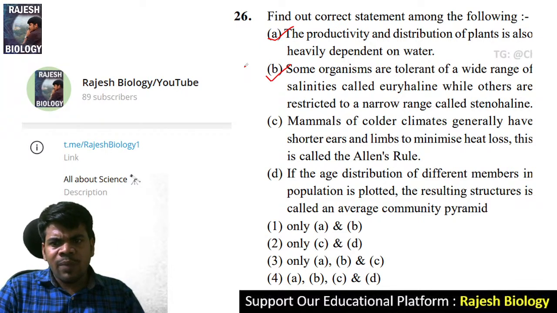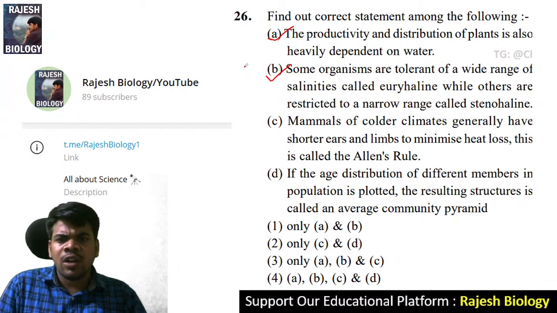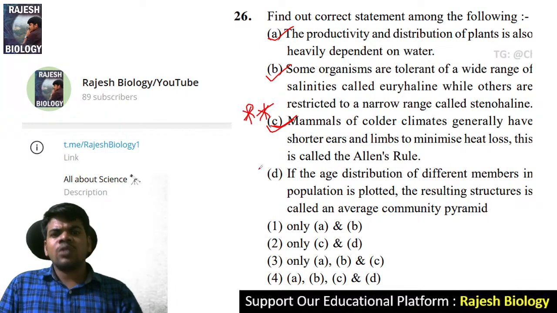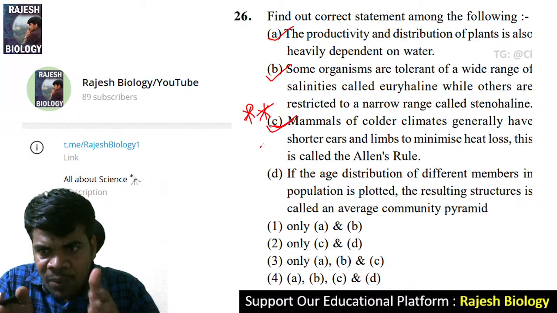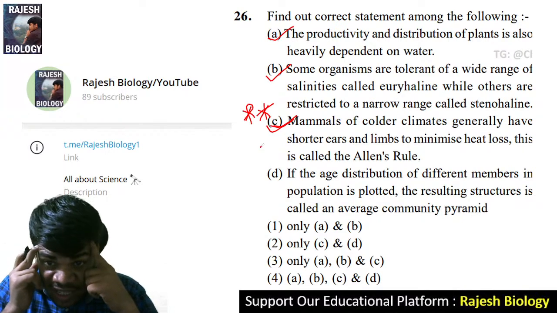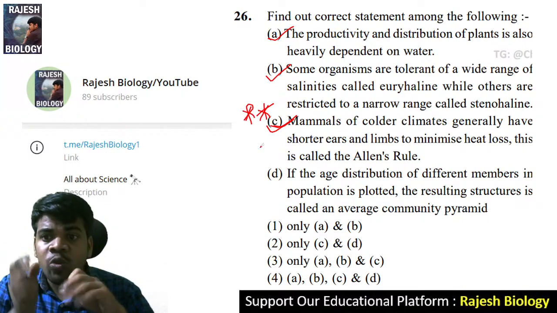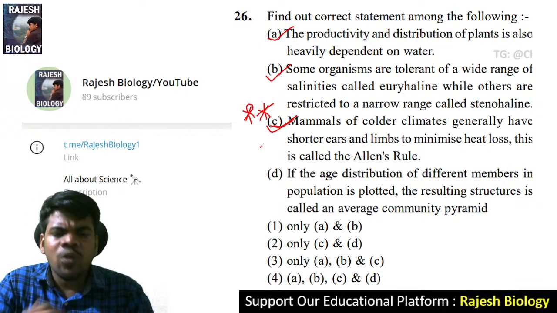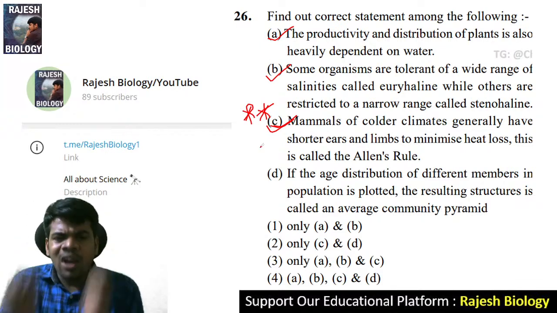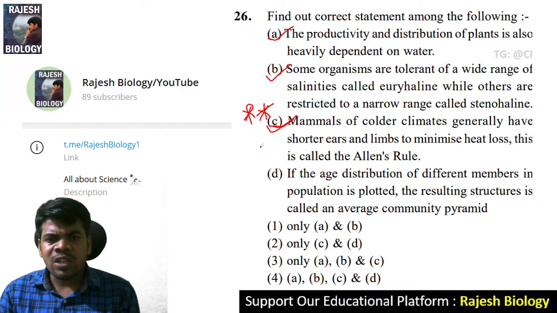Mammals of colder climates generally have shorter ears and limbs to minimize heat loss. This is called Allen's rule. Very, very important. You should know this Allen's rule. You know why camels have long limbs in deserts?